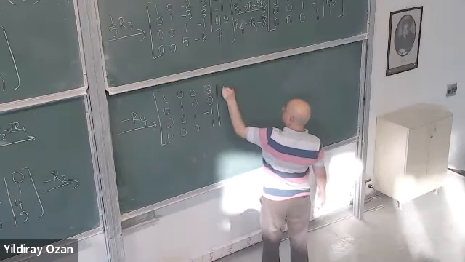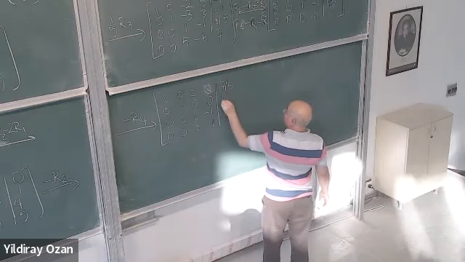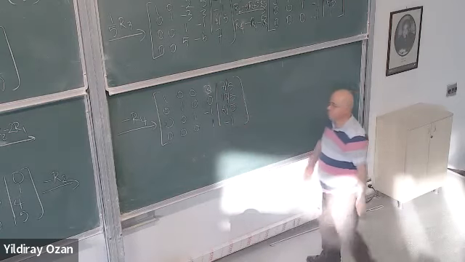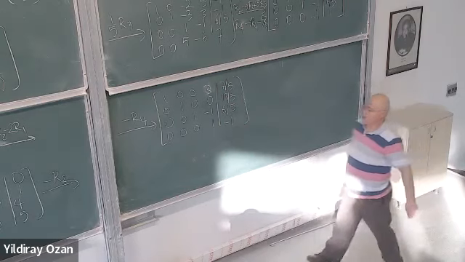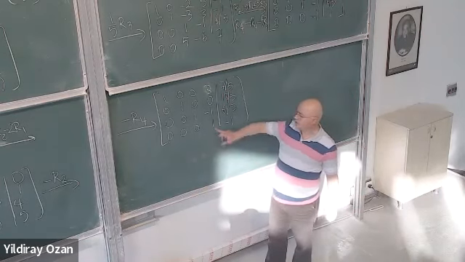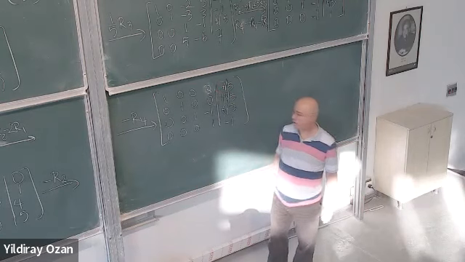And here 7 over 5, 13 over 5, 6 over 5, and minus 1. You may stop at this point, or you can kill these guys also.